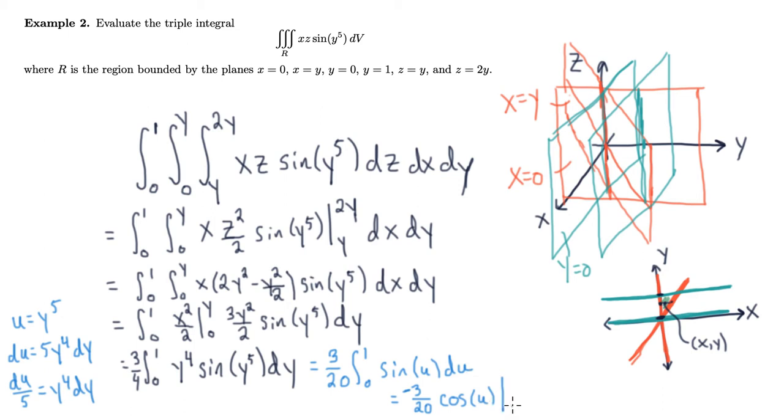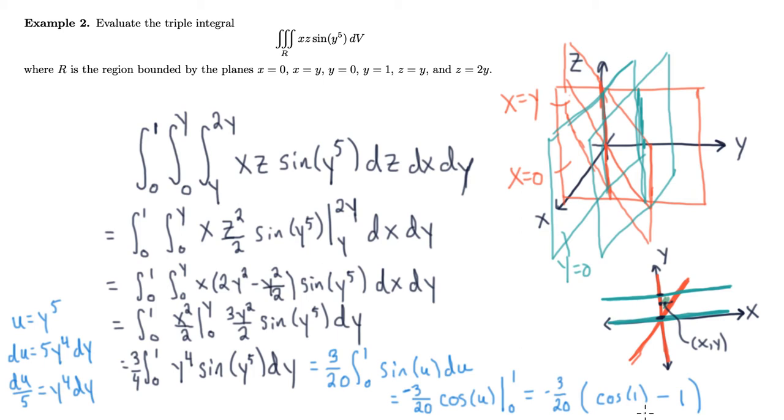Then evaluate it from 0 to 1, or in other words, we get negative 3 over 20 times, well, cosine of 0 is 1, and cosine of 1 is just cosine of 1, minus 1. Okay, and this is the answer.